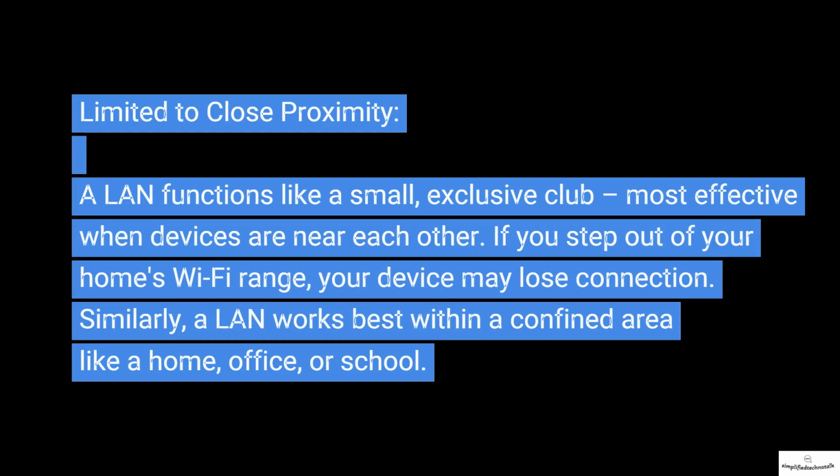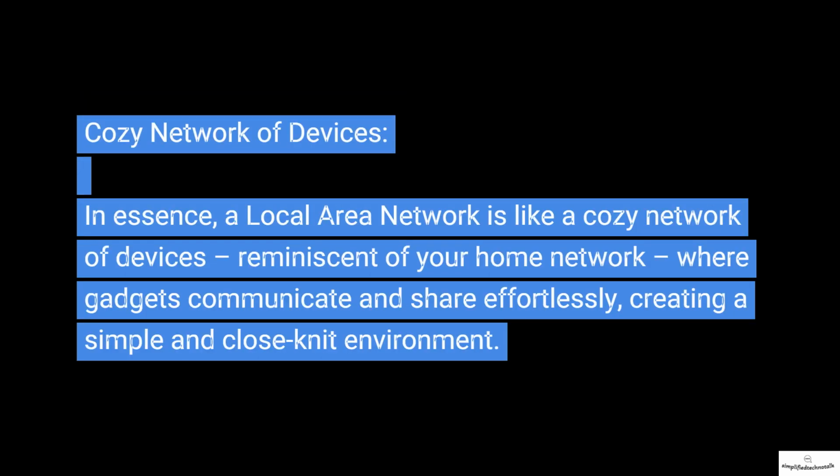Limited to close proximity. A LAN functions like a small, exclusive club, most effective when devices are near each other. If you step out of your home's Wi-Fi range, your device may lose connection. Similarly, a LAN works best within a confined area like a home, office, or school. Cozy network of devices.